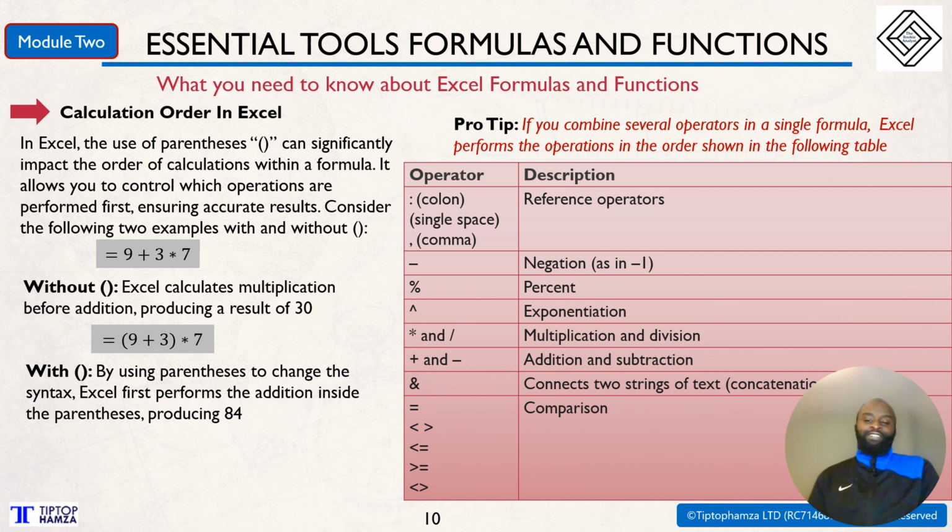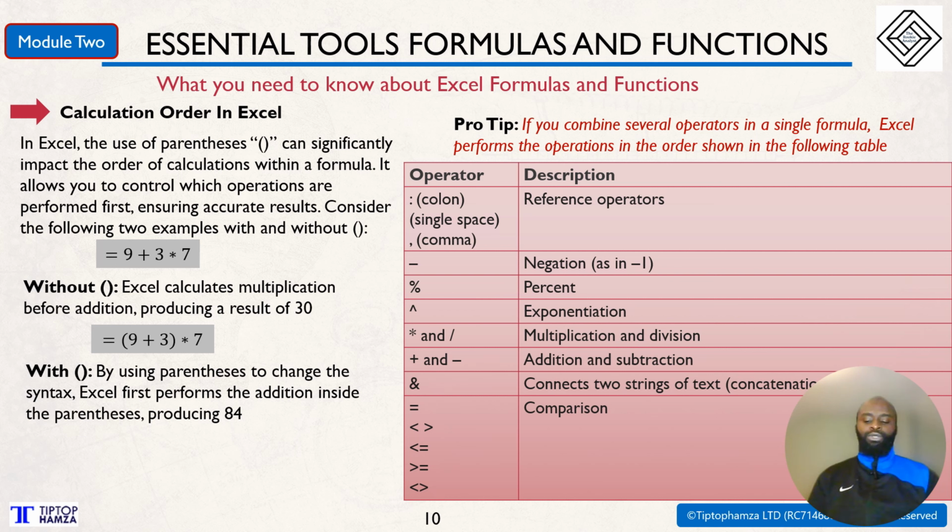You can imagine the differences just by putting a parenthesis. So this tells how erroneous your results can be when analyzing data if you miss out on this simple but powerful fundamental of calculation order in Excel.